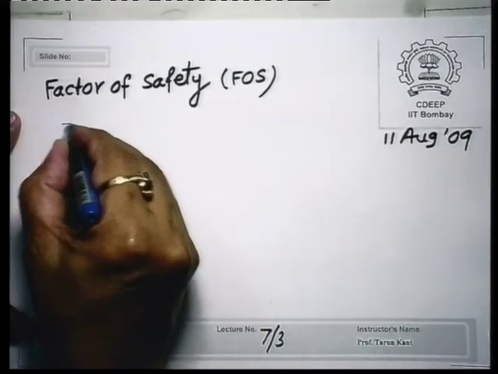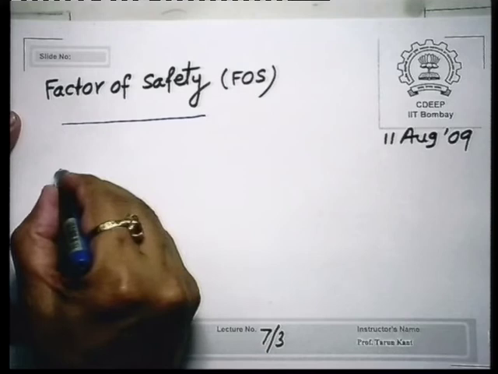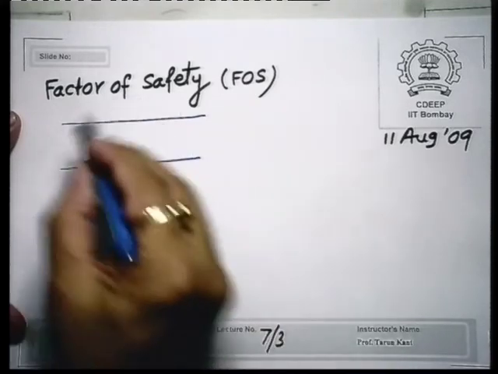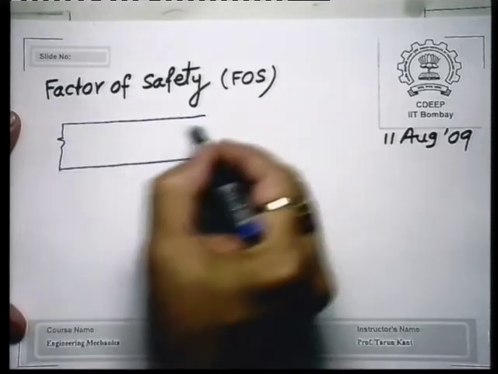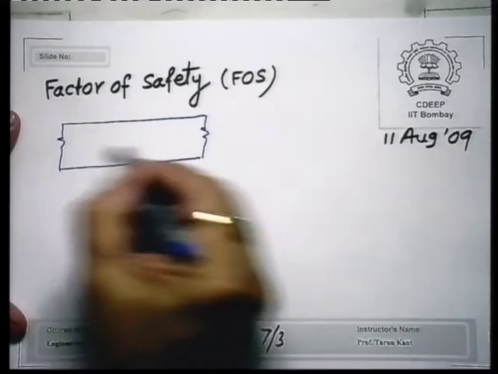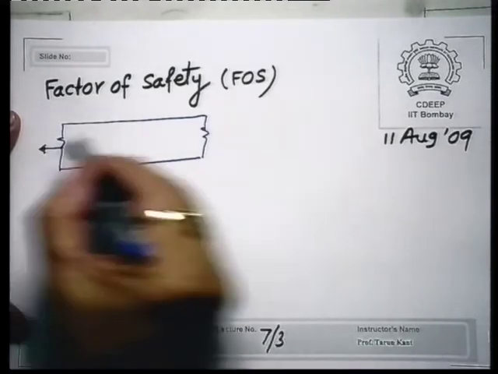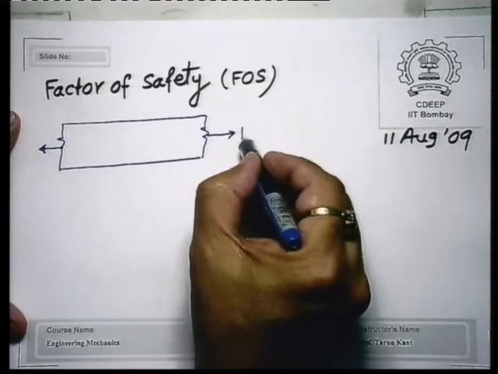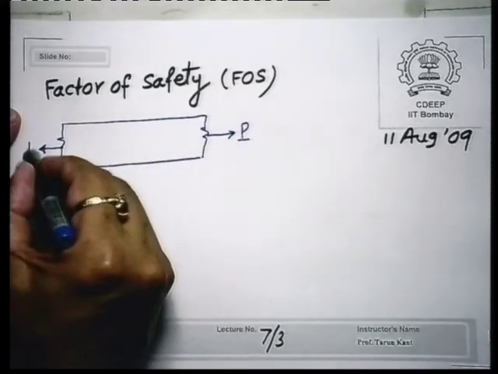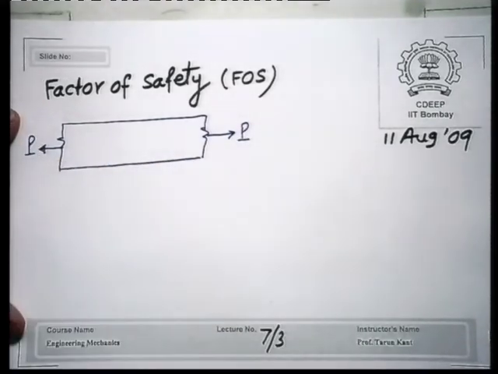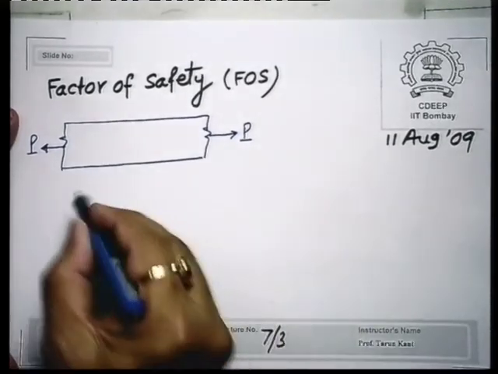See, normally you will be given this: design this rod to take up an axial load of P. P is given to you, and you are also given the material.